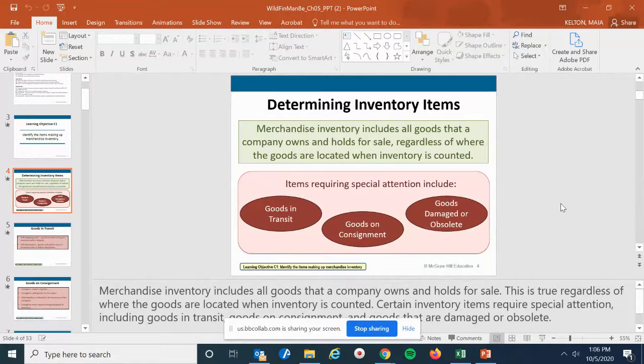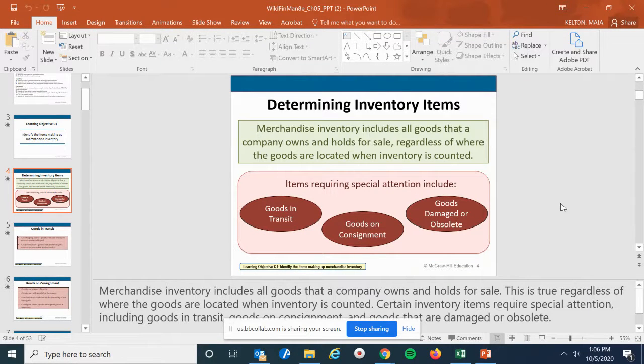We expect to convert inventory into cash as soon as we possibly can. Merchandise inventory, as I mentioned earlier, is all the merchandise or all the product or all the goods that a company owns and holds for sale, regardless of where the goods are located when the inventory is counted.